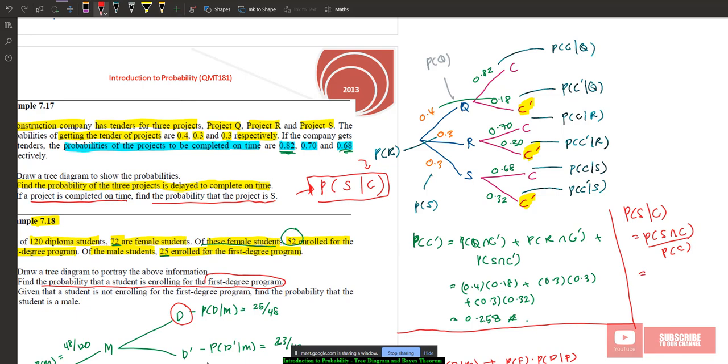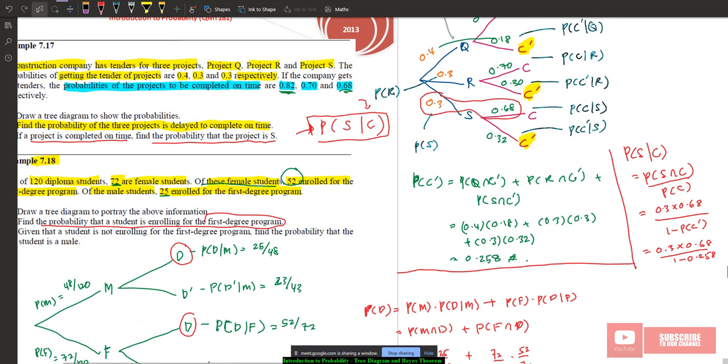So we already know the probability of C complement. Probability of C should be 1 minus probability of C complement. And probability of S intersect C should be somewhere here: 0.3 multiplied with 0.68, divided by 1 minus 0.258.